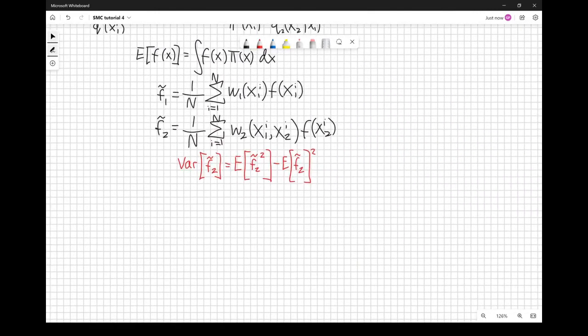So what we're going to need to do next is write down an expression for f2, and derive expressions for these two terms. And then we'll try and minimise that with respect to the L-kernel.